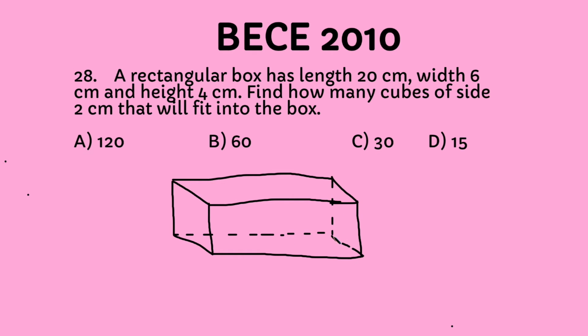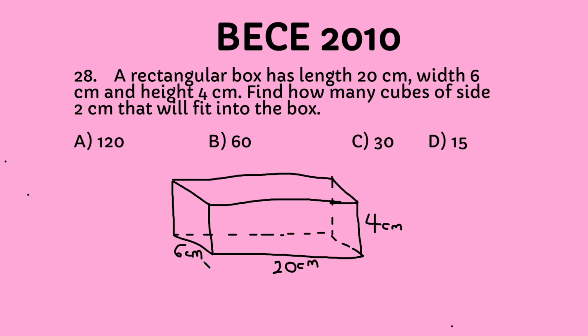Here's the shape of our rectangle drawn. We have 20 centimeters for the length, 6 centimeters for the width, and 4 centimeters for the height. Now, each cube is 2 centimeters, and since it's a cube, every side is 2 centimeters, whether the length, the width, or the height.